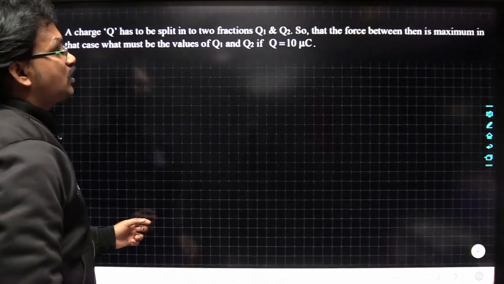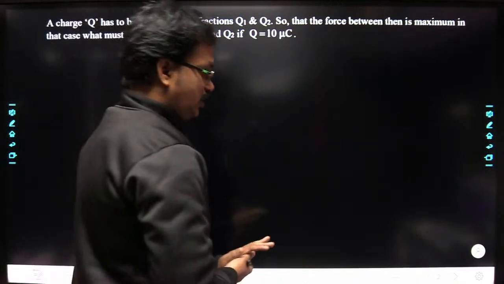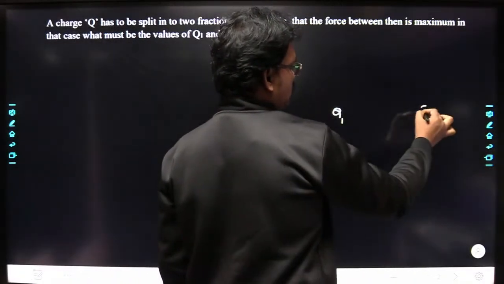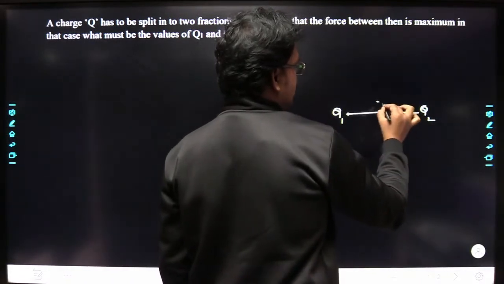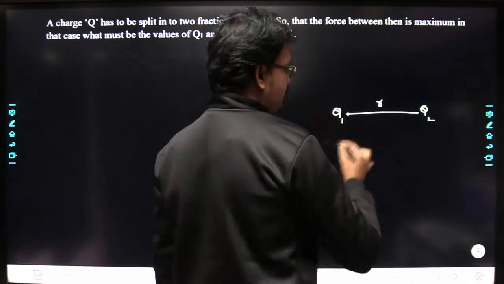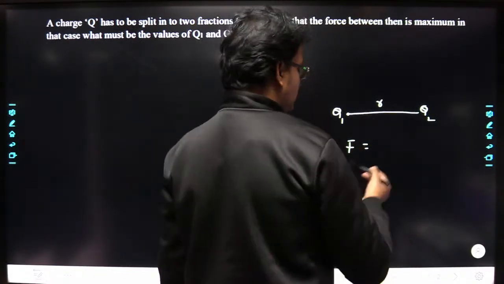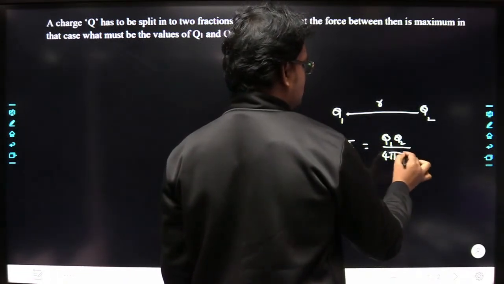So, I hope everybody knows Coulomb's law here, right? Whenever you have two charges, let us say Q1 and Q2, separated by some distance R, the force between those charges is given by Coulomb's law. We know that F is equal to Q1 Q2 by 4 pi epsilon R square.